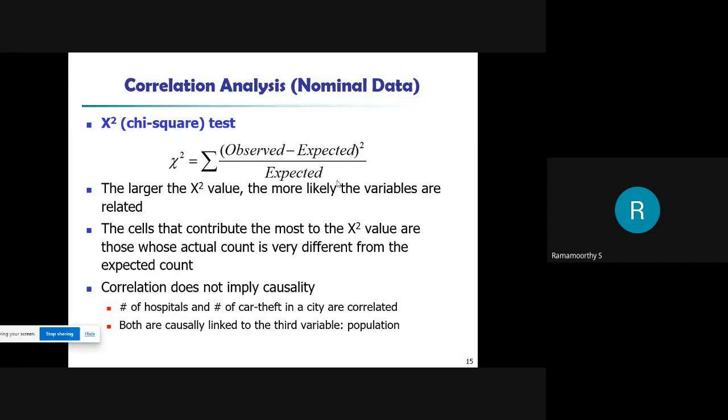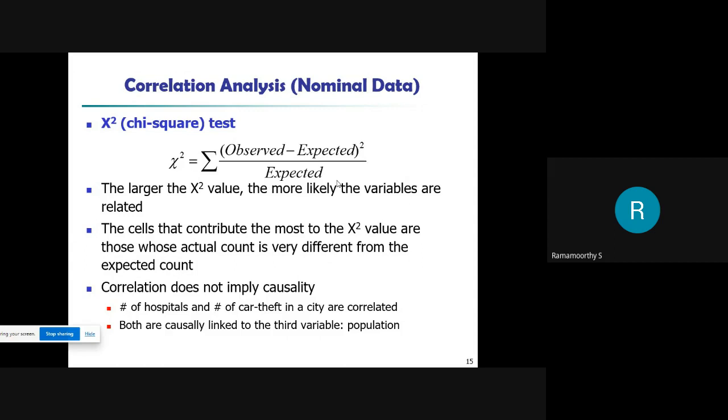You need to identify the cells that contribute most to the X square value in your data set, which means the exact instances or columns that make a greater impact on the outcome, right? The larger the X square value, the more likely the variables are related.